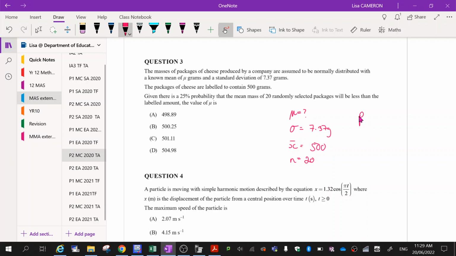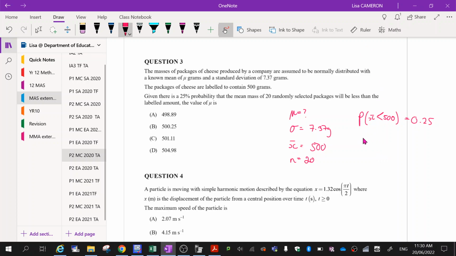So we're testing this statement here, 0.25. Okay, and we want the probability that the mean mass of 20 randomly selected packages will be less, little one eats the big one, than the labelled amount. So this is the information that we're going to be looking for.